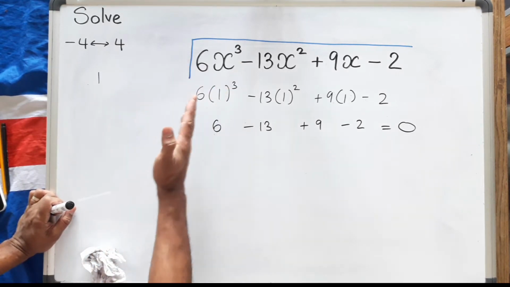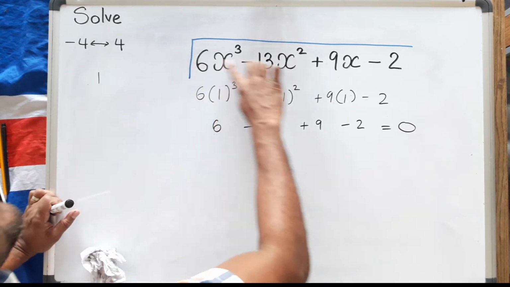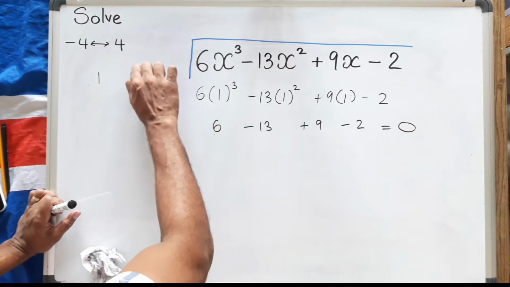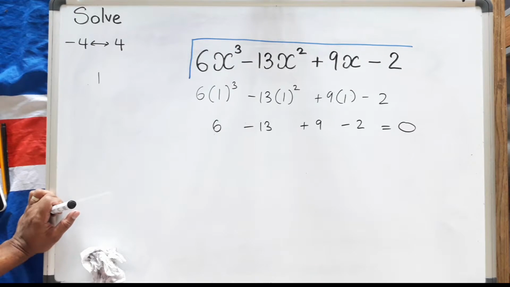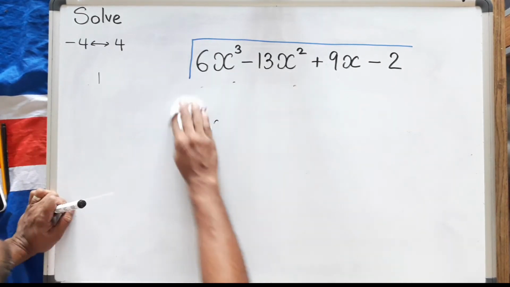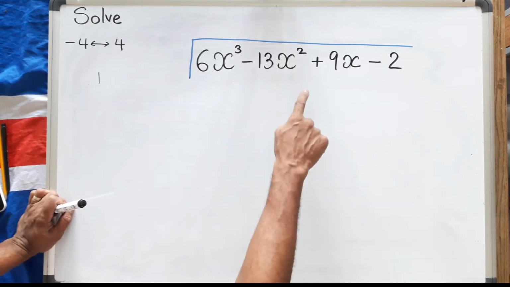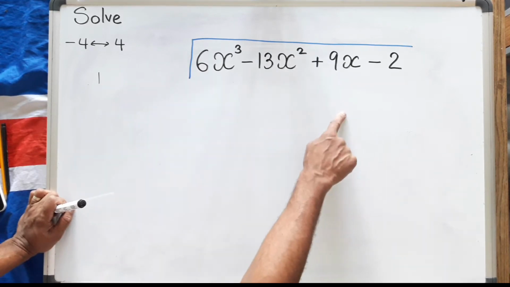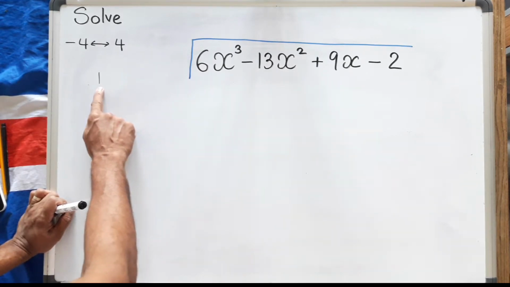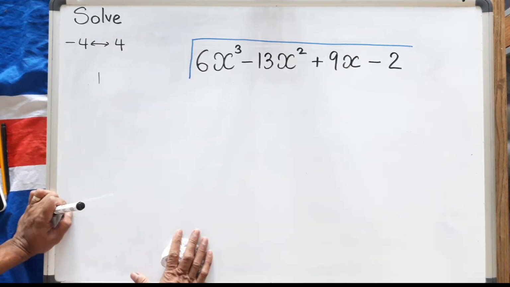Now, in the previous videos, you would have to divide this by something. I am trying to help you figure out what that something is now. If x reduces the whole thing to 0, that means x is one of the solutions. In other words, you have to guess the first solution.